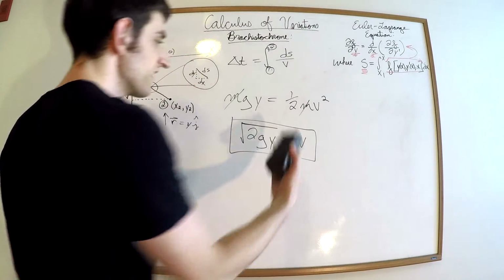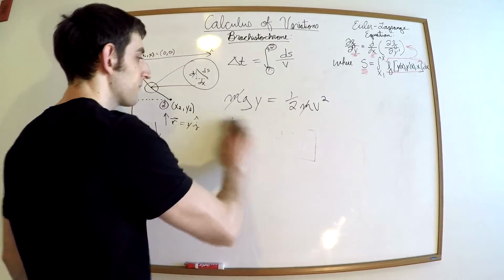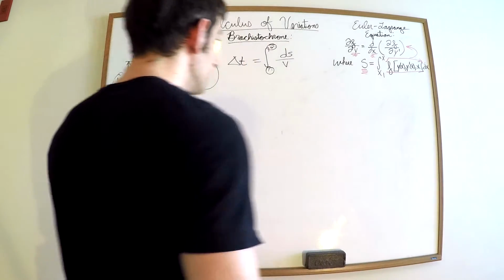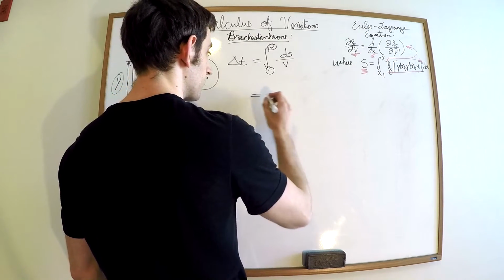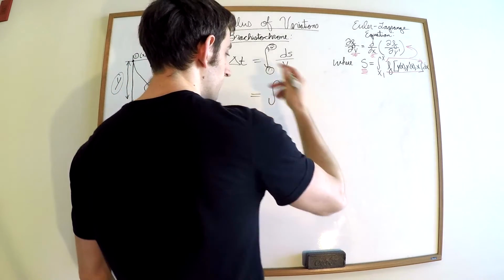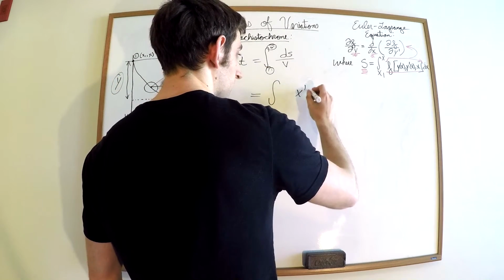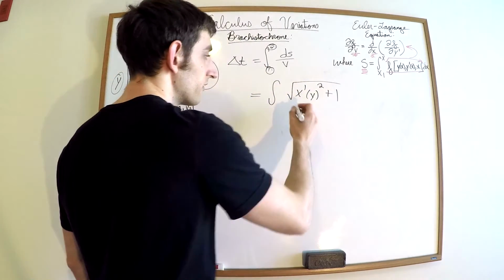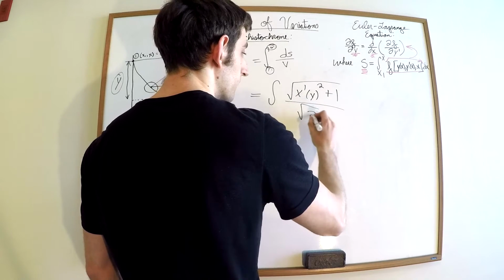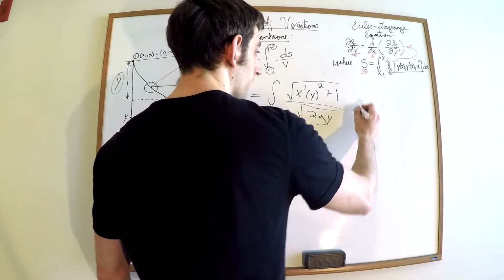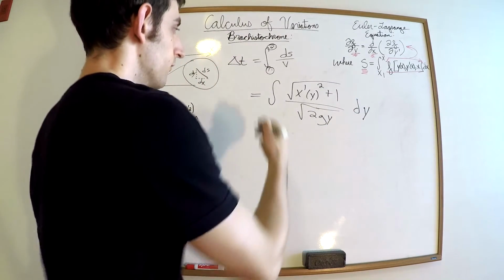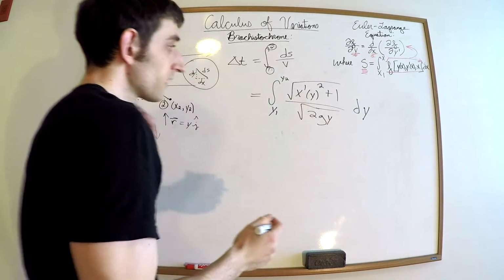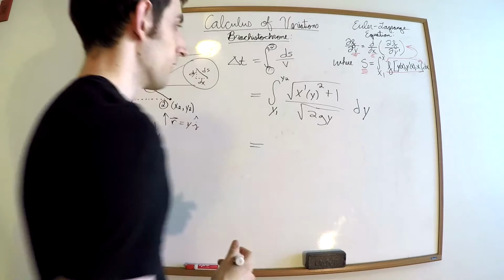So we can take those quantities and plug them into this equation. When we do that, we end up with the integral of the square root of x prime sub y squared plus 1, times dy, divided by root 2gy. We're going to integrate from y1 to y2, and we can simplify this a bit more.